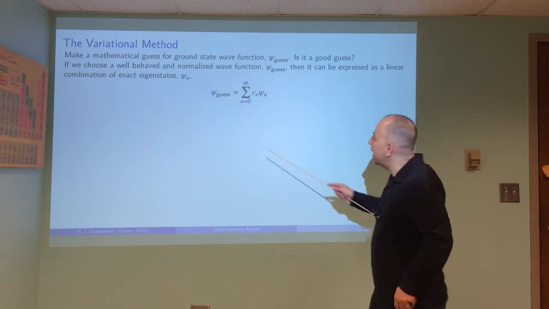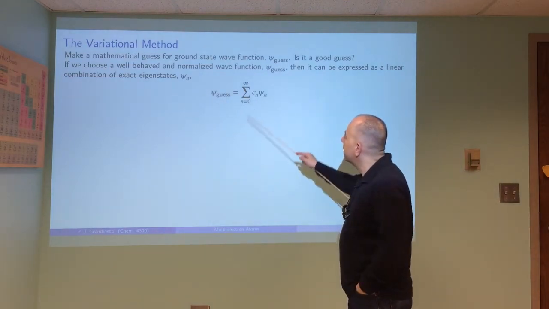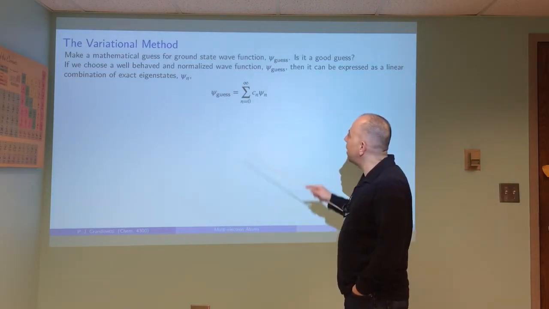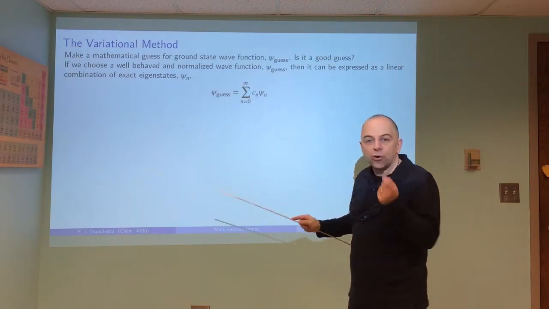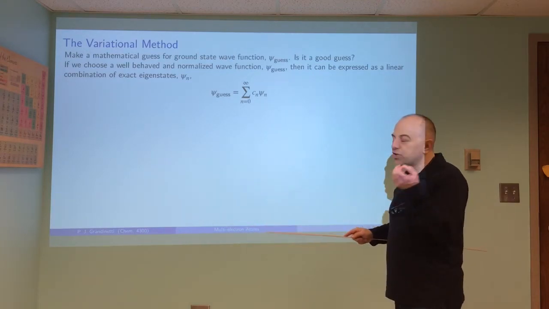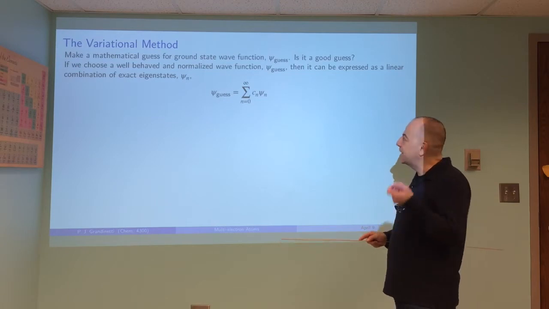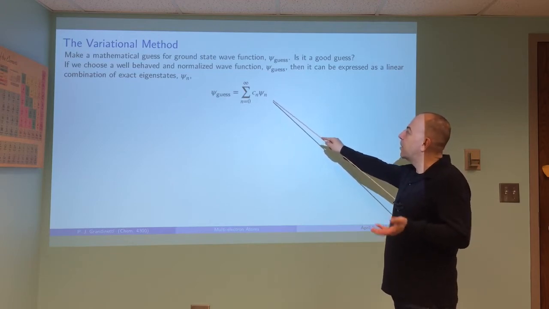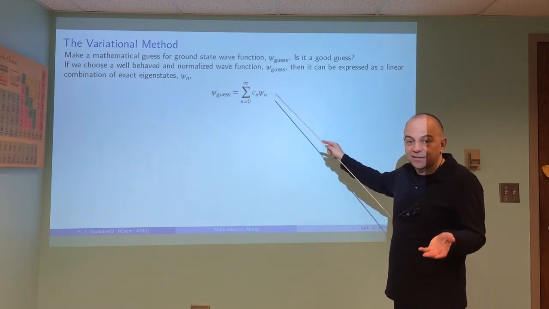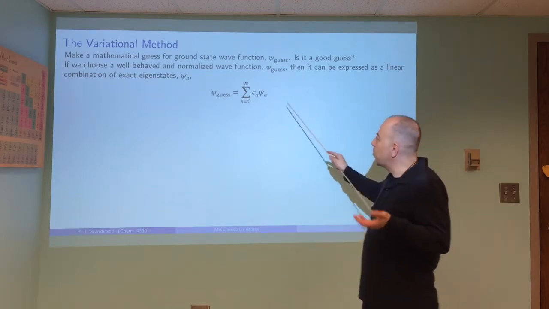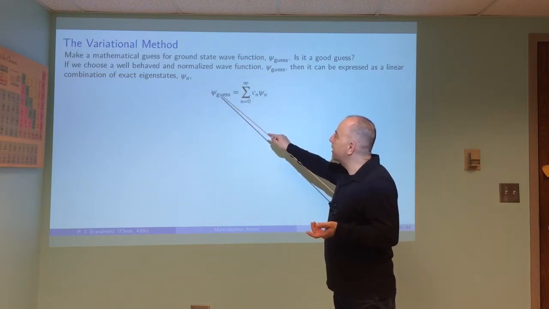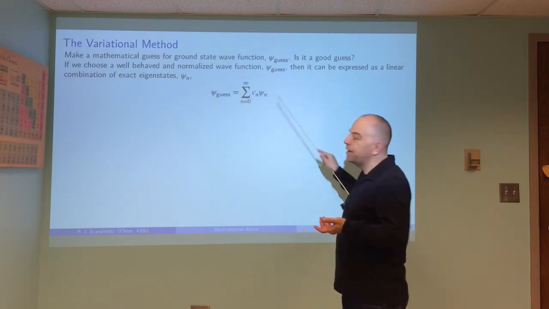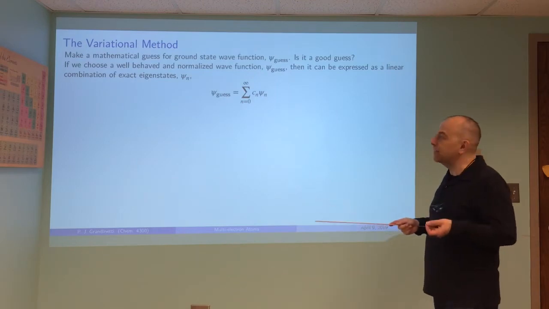But what we know is that that wave function can be written as a linear combination of the correct wave functions. In other words, the correct energy eigenstates for the Hamiltonian. These things we do not know. We do not know what the energy eigenstates are, but we do know that they exist. And since they exist, we know that we can express our guess as some linear combination of those correct eigenstates.